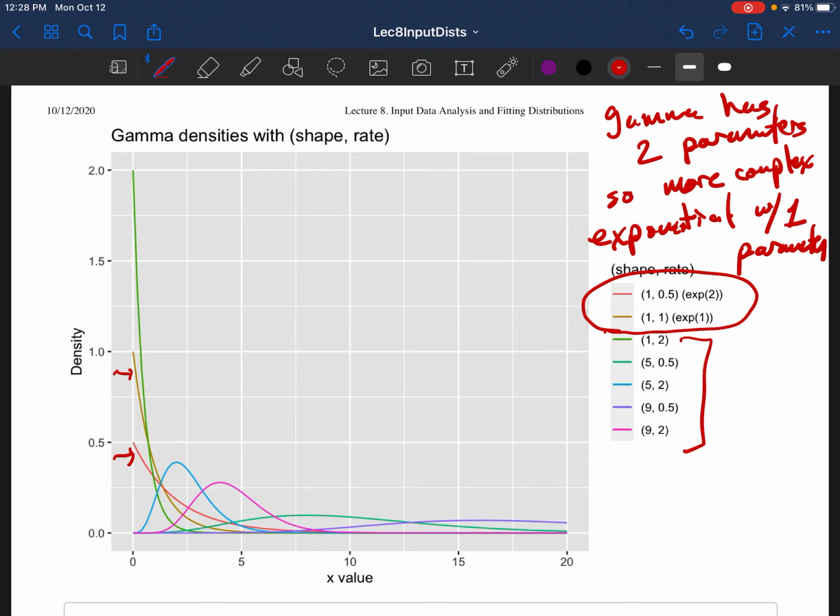Just like the uniform is less complex than the triangular, because the triangular has 3 parameters, whereas the uniform only has 2. We tend to prefer a simpler model, one with fewer parameters, if it does the trick.